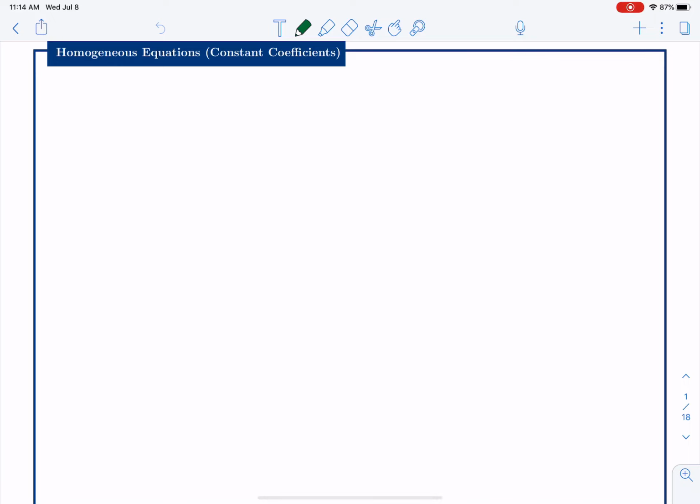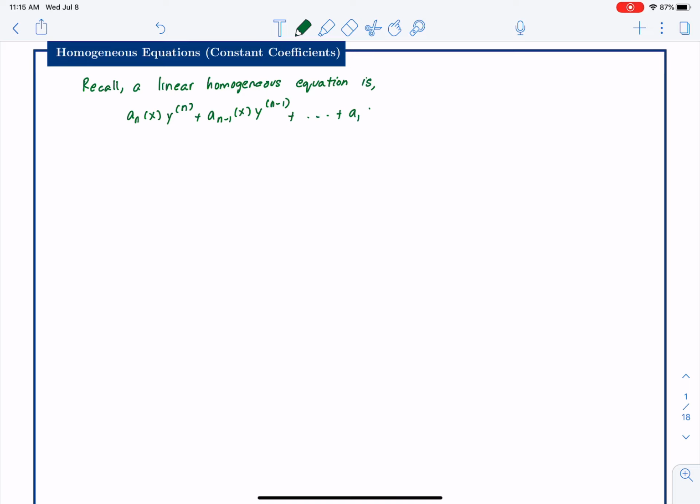So recall, a linear homogeneous equation is a_n(x) times the nth derivative, plus a_(n-1)(x) times the (n-1)th derivative, all the way up to a_1(x) times the first derivative, plus a_0(x) times y, equals 0.